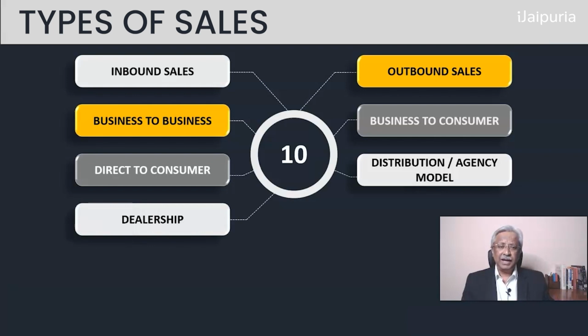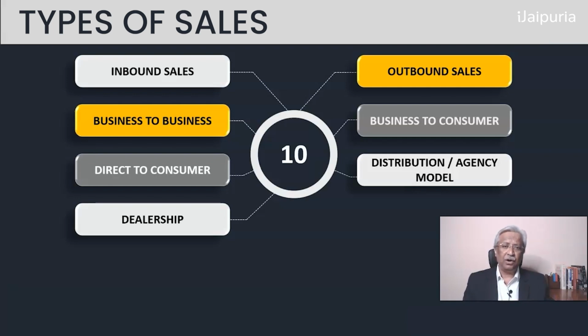The seventh model is the dealership model. This is predominantly used by large automobile companies. For instance, Maruti produces a product.